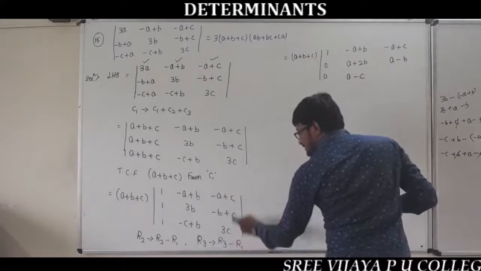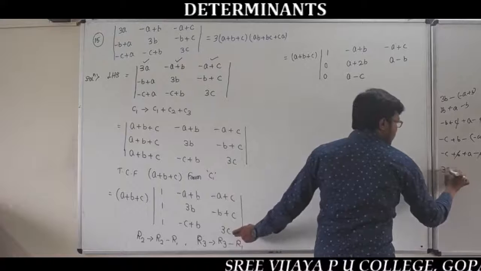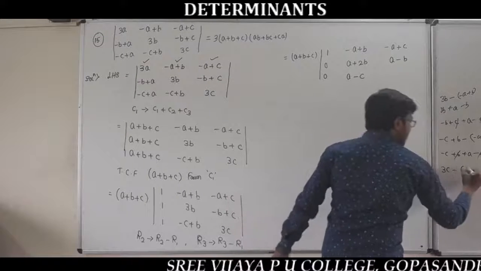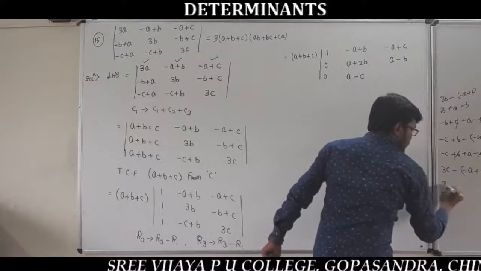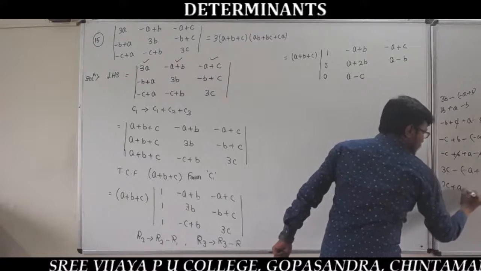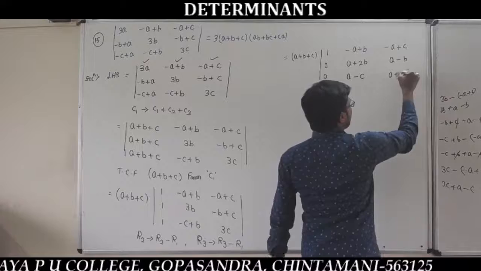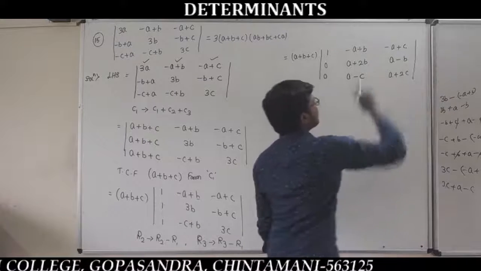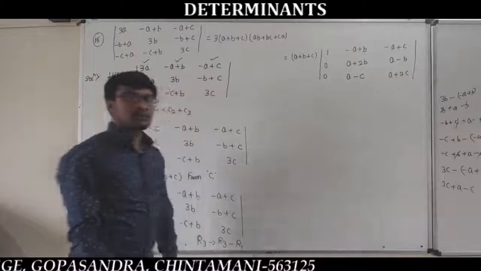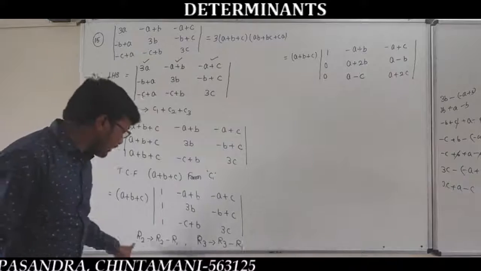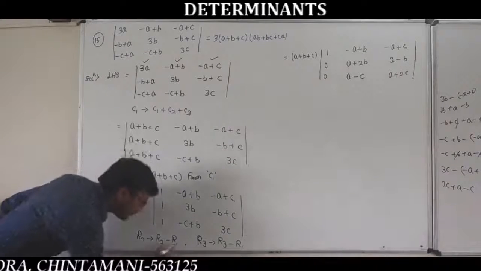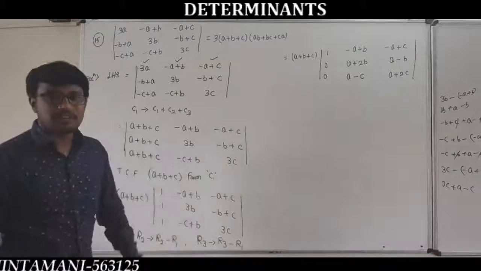Next, 3c minus minus a plus c: 3c plus a minus c, 3c minus c is 2c, so you will get a plus 2c. So this is what you got when R2 changes to R2 minus R1 and R3 changes to R3 minus R1.